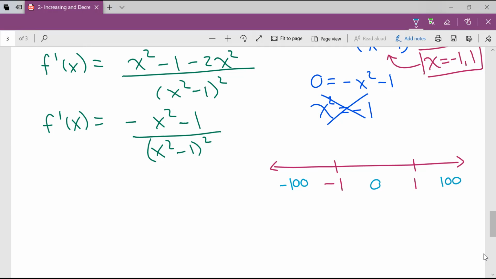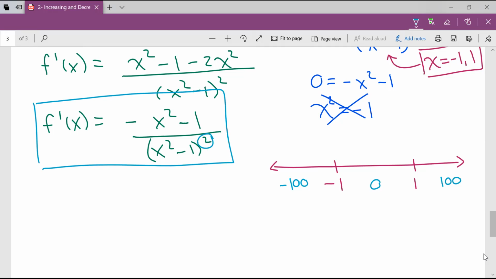Now, I'm going to sub my test points into here. What I want you to notice is the denominator is always going to be positive because we're squaring, right? So I know no matter what, the denominator will be positive. Nothing to worry about then.